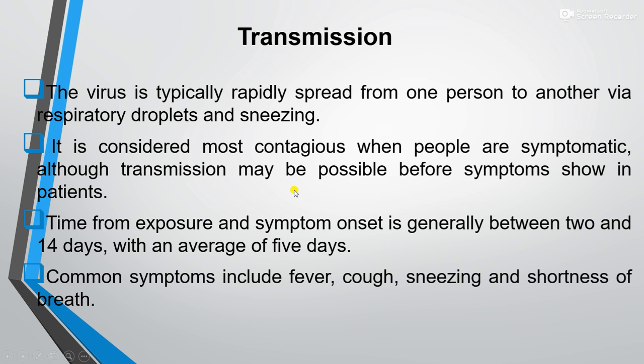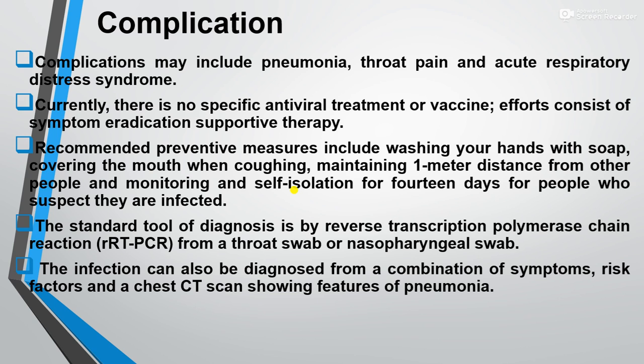Although transmission may be possible before symptoms show in patients, time from exposure to symptom onset is generally between 2 and 14 days, with an average of 5 days. The common symptoms reported include fever, cough, sneezing, and shortness of breath. These are the common symptoms developed by the patient after the attack of this virus.